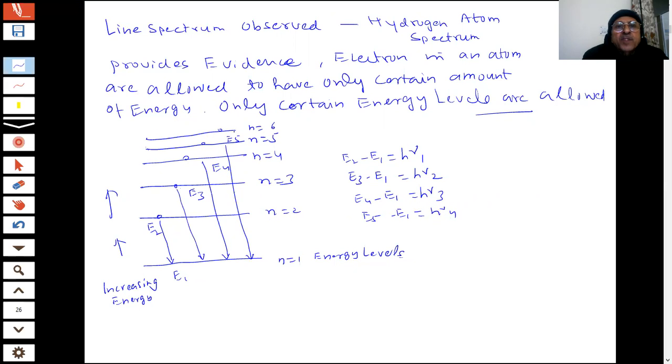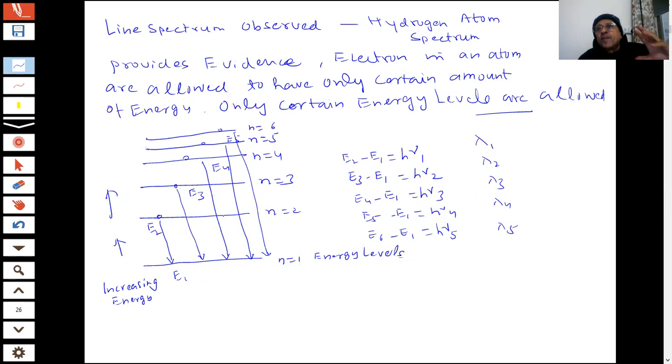Then if it falls from the sixth energy level to the lower energy level, E6 minus E1, h nu 5. So different wavelengths will be observed. Lambda 1, lambda 2, lambda 3, lambda 4. So you are getting different wavelengths, but not continuously all the wavelengths. Not continuously all the wavelengths, students.